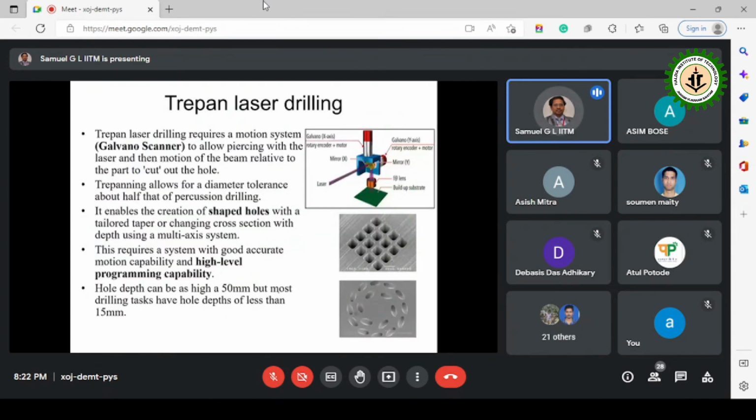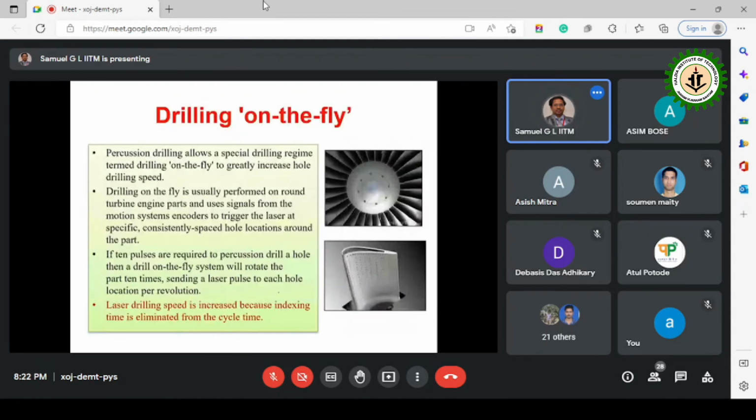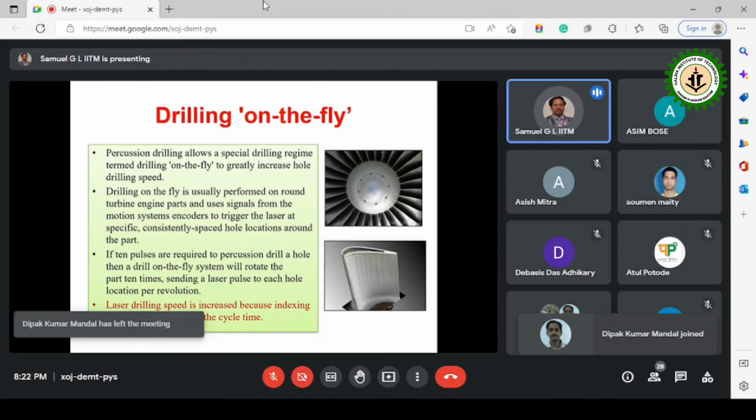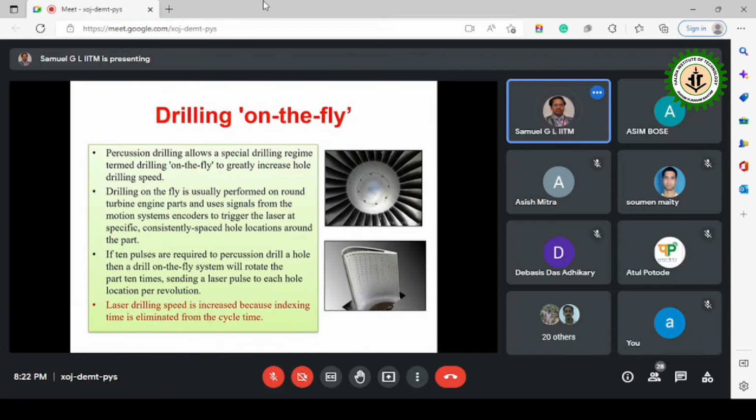Okay, so these are the details about laser percussion and laser trepanning, and one more interesting mechanism is called drilling on the fly. When you look at these turbine blades, there are hundreds of these holes which need to be machined, and there are several blades with hundreds of holes in each blade.